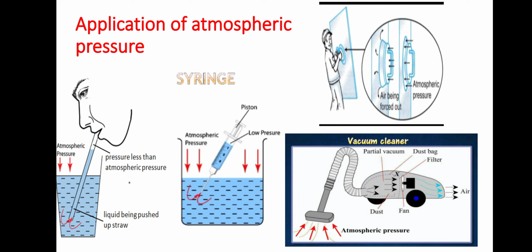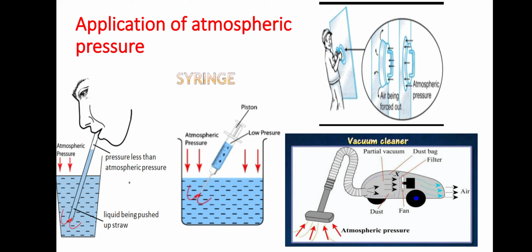This will lead the liquid to be pushed upward in the straw. In the second example, we can see how the syringe works. When the piston of the syringe is pulled, due to low pressure in the cylinder of the syringe, the liquid enters the syringe as the liquid is facing atmospheric pressure which is higher than that in the syringe.